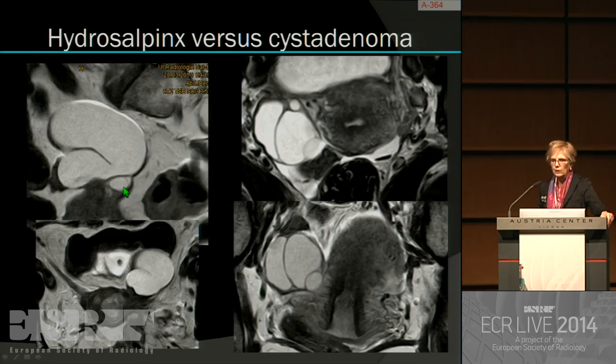And what should we look for? In hydrosalpinx, we look for a tubular structure or a convoluted tubular structure with incomplete thin septations, as you see it here. Whereas in cyst adenomas, we look for a mass that has thin but complete septations. And this is how we can make the difference.